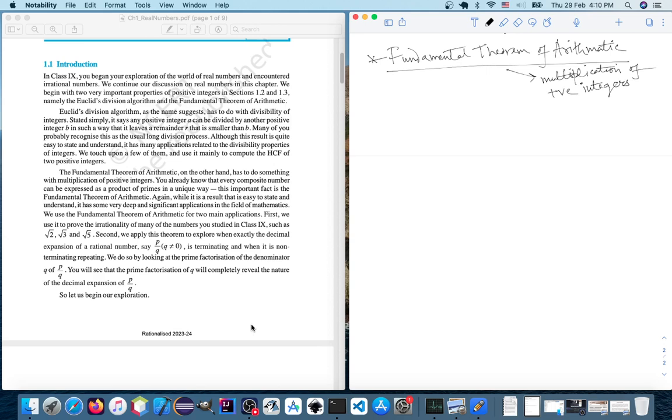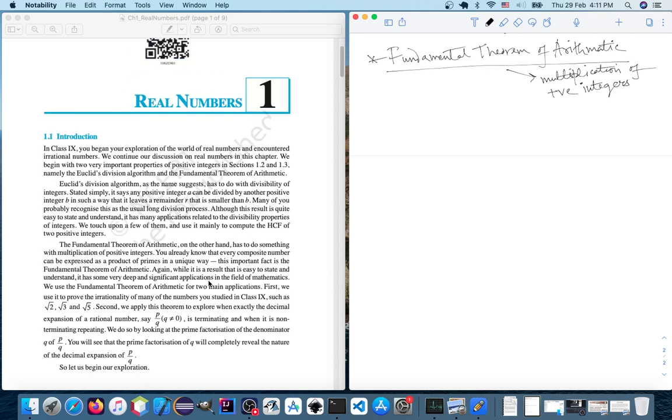So the prime factorization of q will reveal whether the decimal expansion of the rational number p by q will be terminating or non-terminating recurring. Let us begin our exploration. Let's try to understand how we do this.